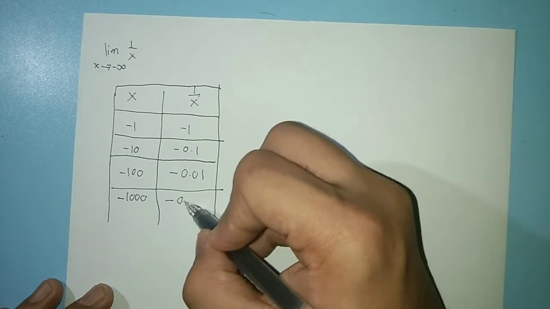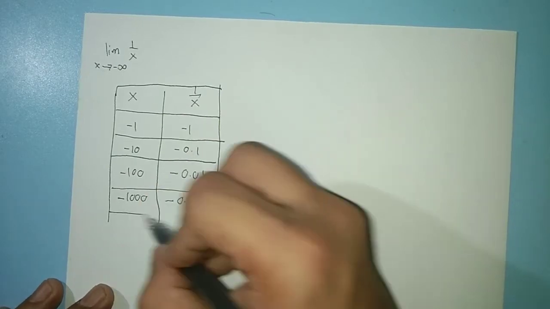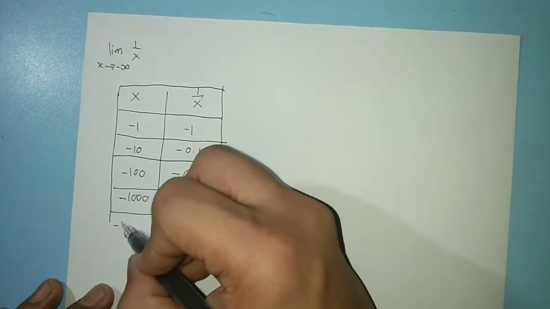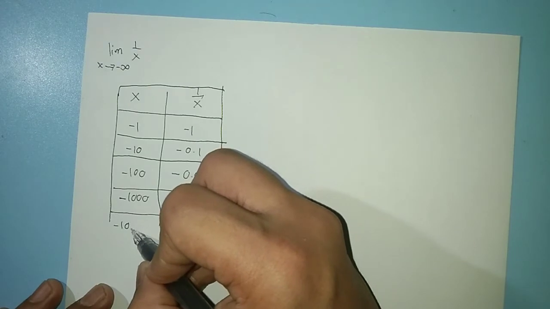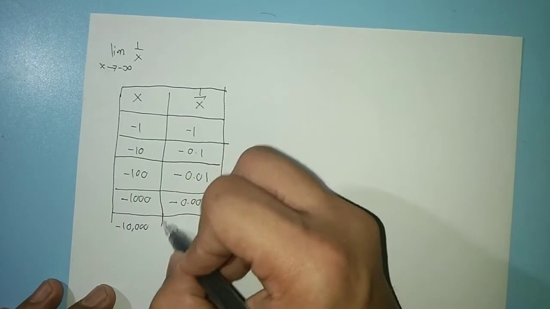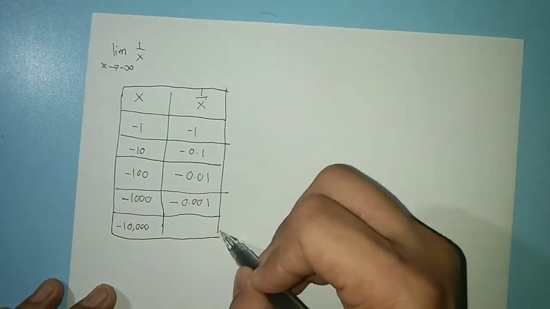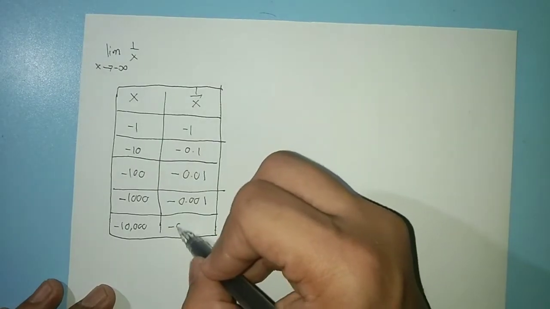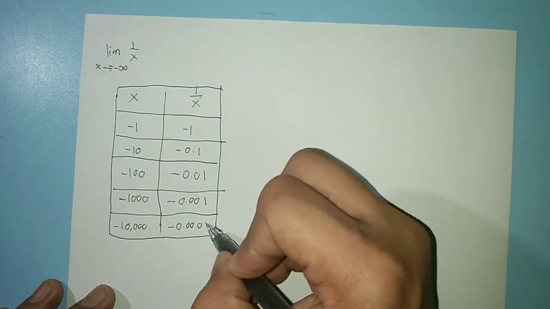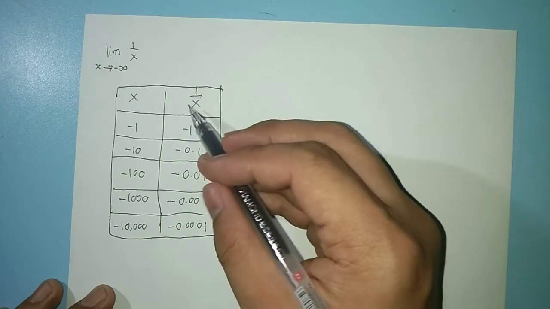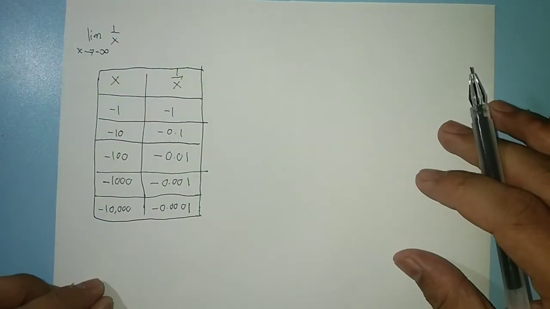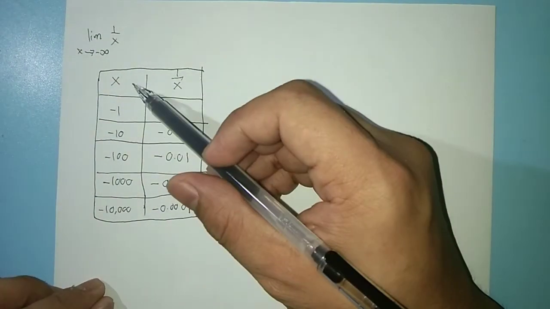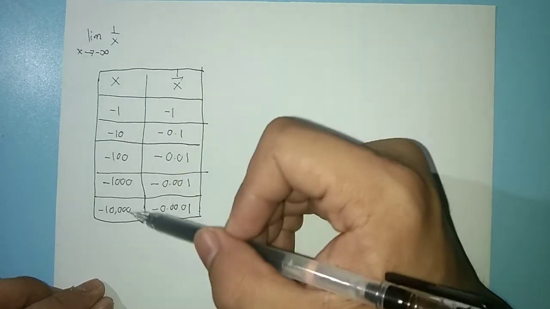We have negative 0.001. And decrease pa natin, let's say negative 10,000. Then yung 1 over x natin will be negative 0.0001.